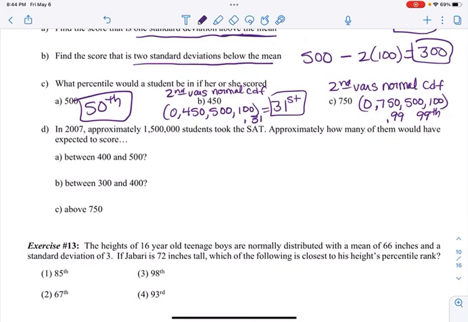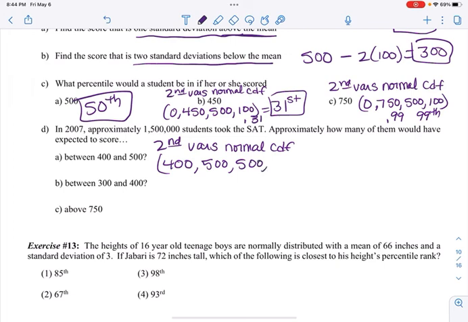In 2007, approximately 1,500,000 students took the SAT. How many of them would be expected to score between 400 and 500? So it's going to be, for all of these, second, vars, normal CDF. The lower score is 400, the upper score is 500, the mean is 500, and the standard deviation is 100. We already know this because we saw it on our normal distribution.